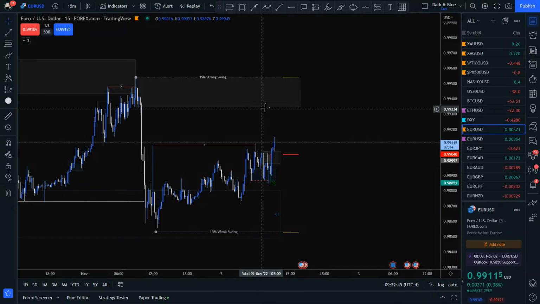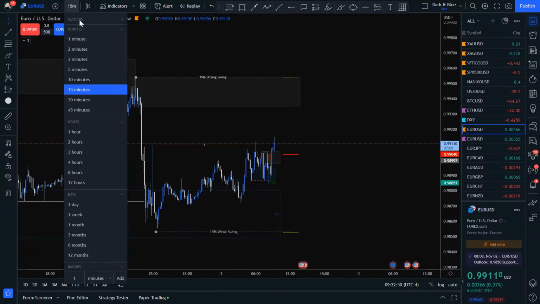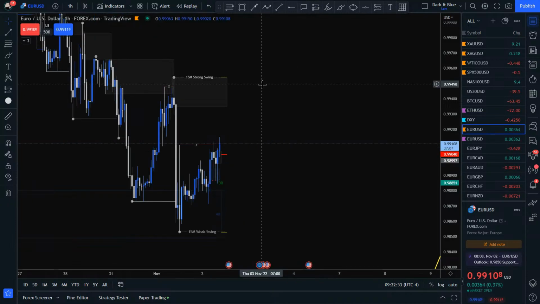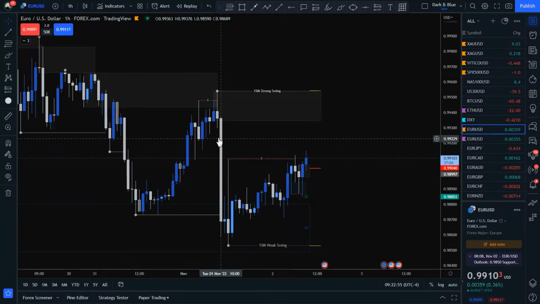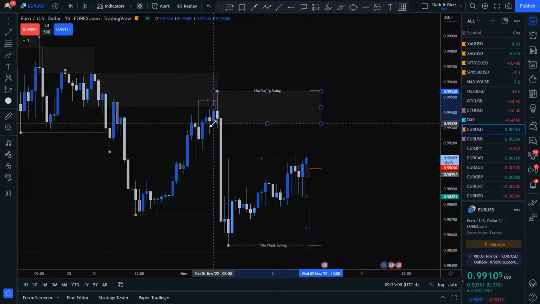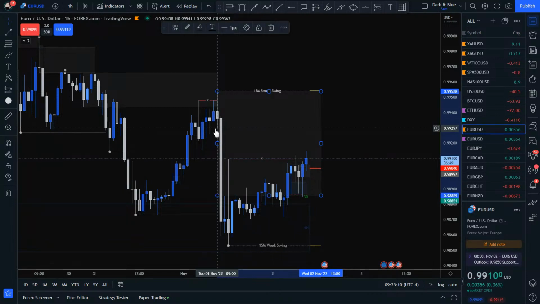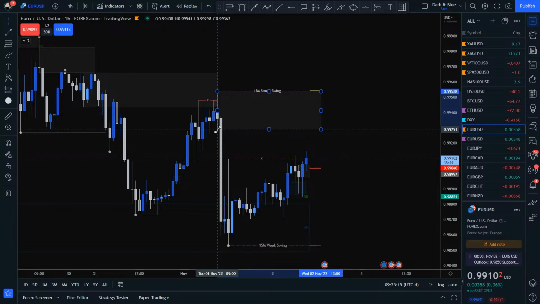There's a good chance price comes up to the supply here, depending on how you mark that box. Let me see if I can get a clearer view of this zone. This is as clear as I have it. There is a fair value gap to fill here. I like that. So I'm going to put it at the top of where the fair value gap begins and ends here.